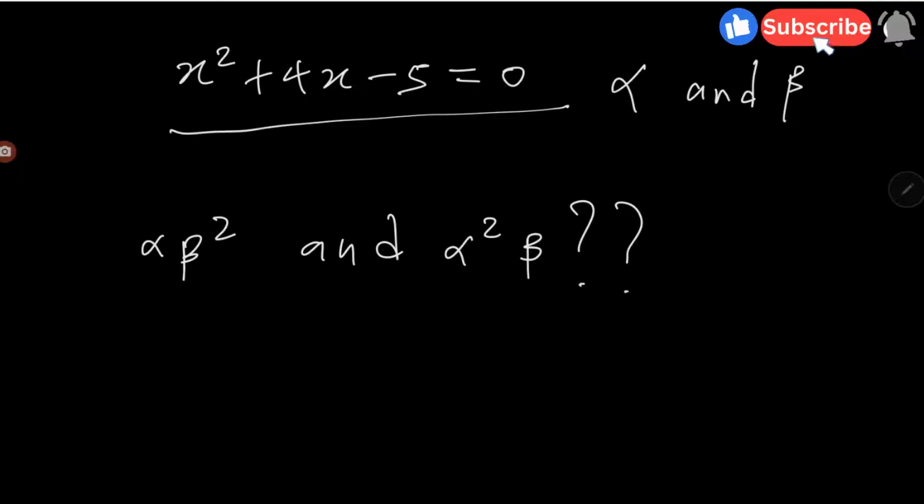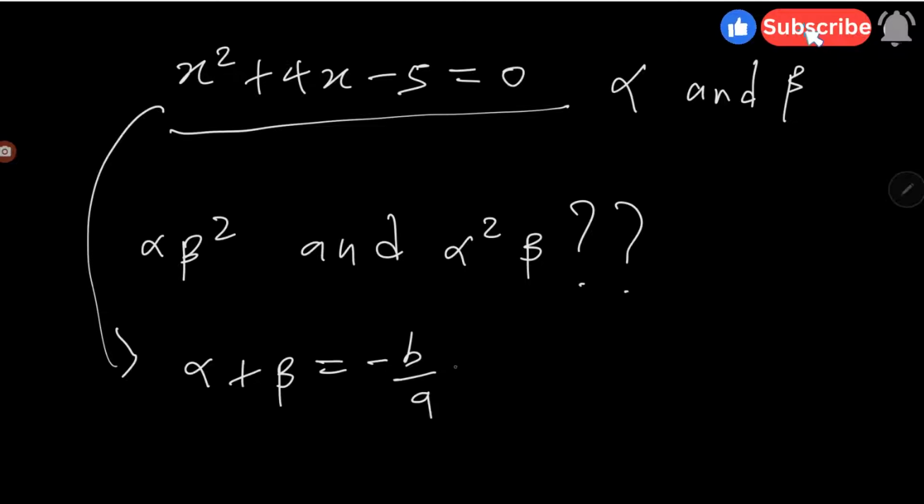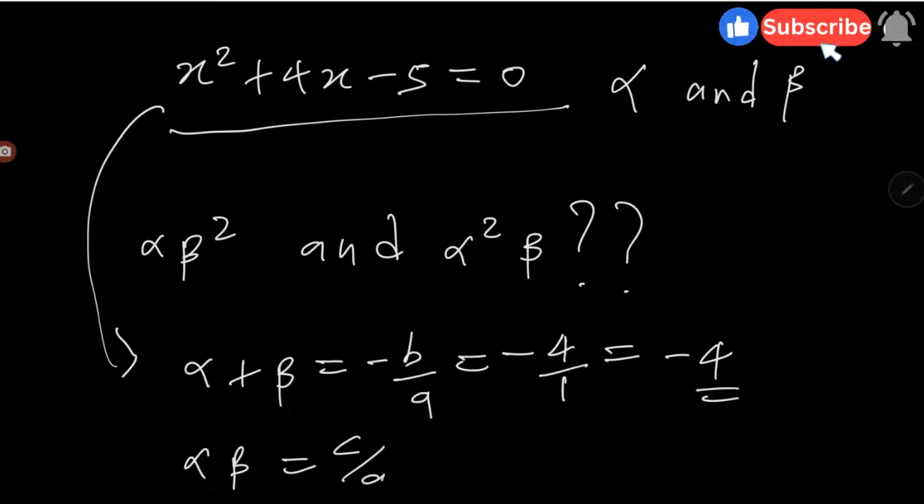So for this quadratic equation, we can find the sum. We know the formula is minus b over a, so this will be equal to minus of, my b is 4, so I'll have 4 over a is 1, and I'll have minus 4 as the sum of the roots, and the product is c over a.